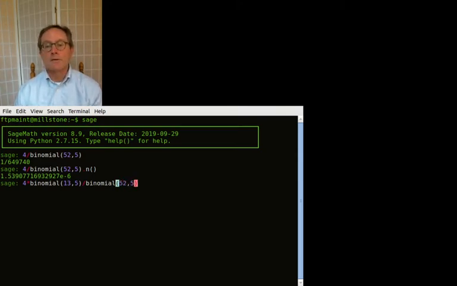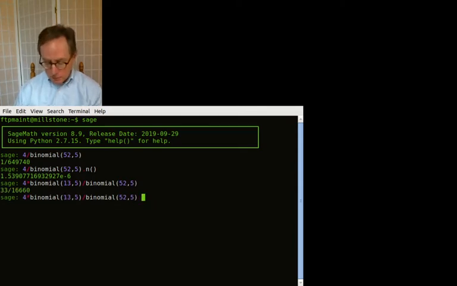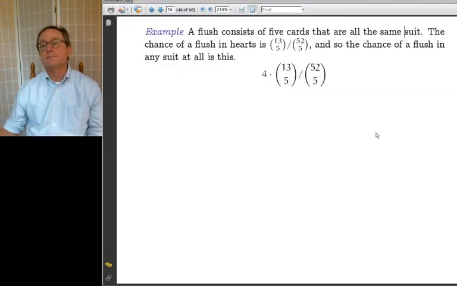And again, the system will just give me a fraction. It's certainly a much less scary fraction than the one before. I'll ask to look at what the number looks like by saying .n. And it's something like 2 1,000ths. So the chance of being dealt a flush in poker is 2 1,000ths. So getting into the possible range. Not likely, but possible.